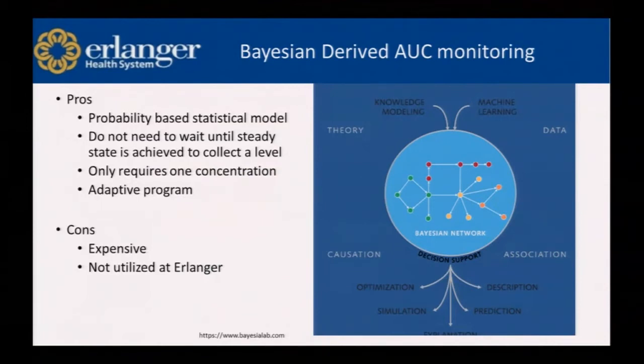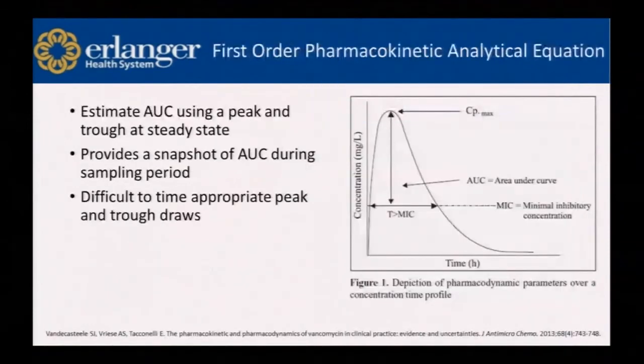So the cons, the main thing is that this is a subscription service from many different companies that create this software, so we don't have it here at Erlanger. But other than that, it's really used a lot in research, and the PROVIDE study used it as well to calculate AUC to MIC.